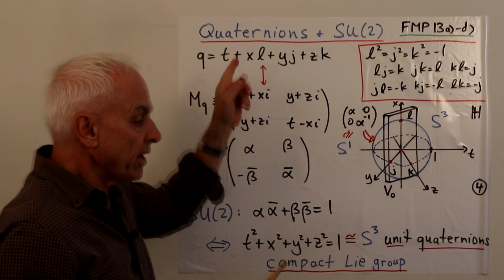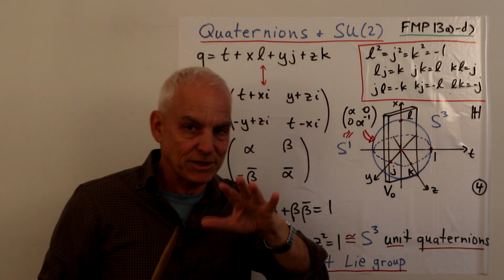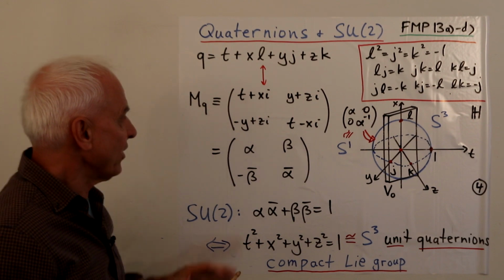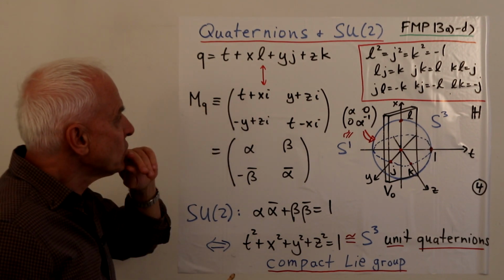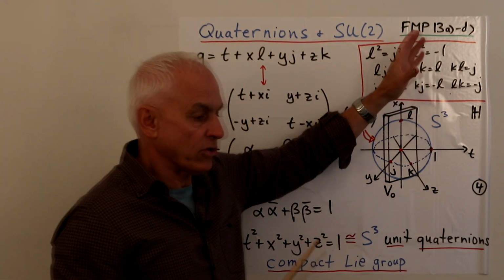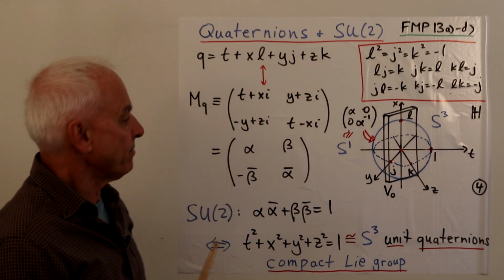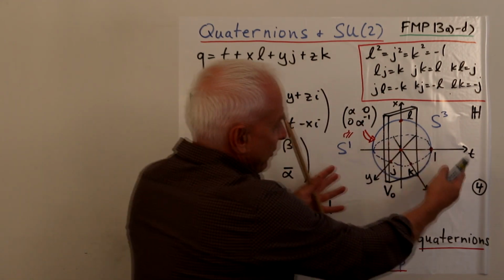I'm using L here instead of I for a reason which is quite obvious in a second. Okay, so this is the algebra of quaternions. It's a four-dimensional space, and here's some kind of representation of it.